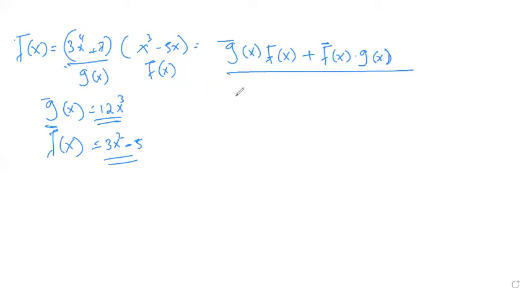The derivative of g(x) will be 12x cubed times f(x) here, which is x cubed minus 5x, plus the derivative of f(x), which is 3x squared minus 5, then multiply by g(x). g(x) is somewhere here, 3x power 4 plus 7.